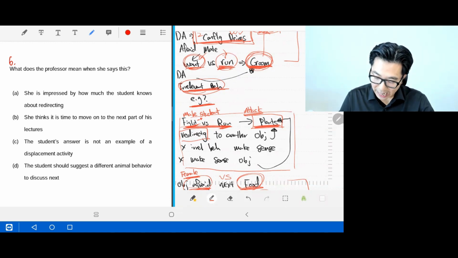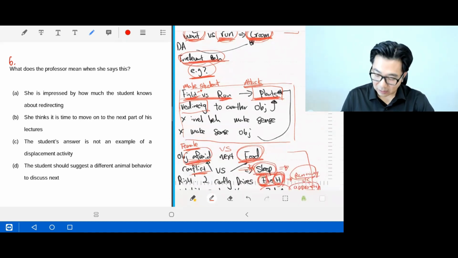She asks, is there another example? To the class. And one male student gave an example, and it wasn't a displacement activity, it was redirecting. Remember? Yeah, the excerpt came out from this part here.